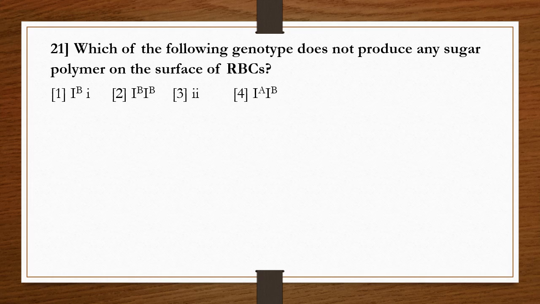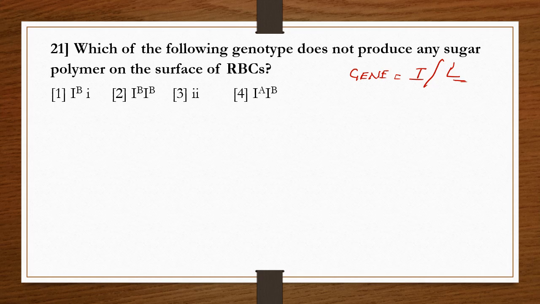Here, the gene representing blood group is I. Sometimes it may also be represented with L, because blood groups were discovered by Landsteiner. I represents isoagglutinogen, which is the full form of I.